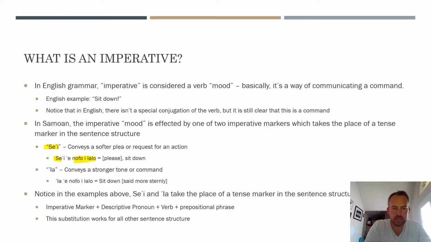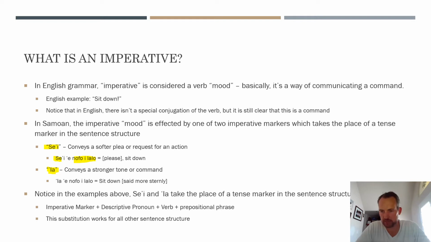The second imperative marker that we'll talk about is 'ia. And notice there's a glottal stop in front of that i, because it's a little bit punchier. Like I said before, 'ia conveys a stronger tone in that command. So instead of saying se'i e nofo i lalo, if you were to say 'ia e nofo i lalo, it's much more of a stern command.